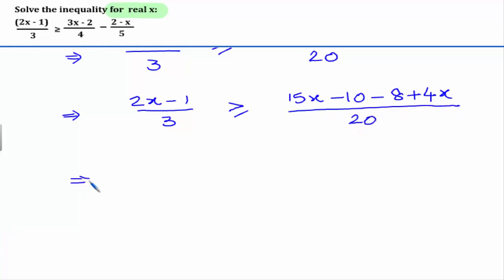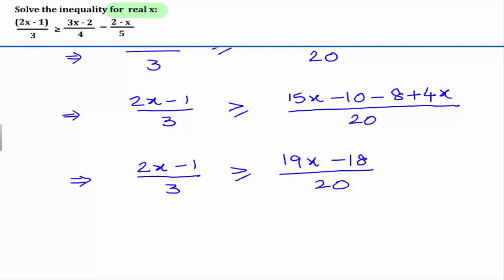Now on further simplification we get 2x minus 1 by 3 greater than or equal to 15x plus 4x is 19x minus 18 by 20. Now let us cross multiply them. We get 20 into 2x minus 1 greater than or equal to 3 into 19x minus 18.